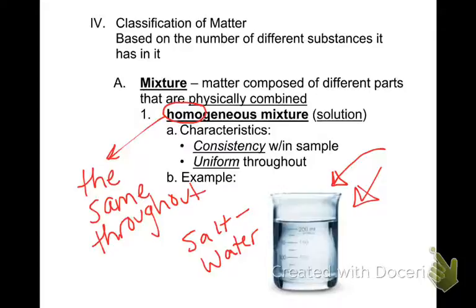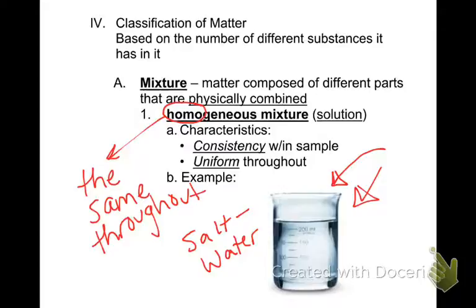That is a physical combination, and if you remember from our prior video, when something is physically combined, you can get those substances back the way that they were prior to the combination. In this instance, salt water, the way that we just simply separate them would be to boil off the water, and we'd be left with our salt and our water separate from one another.